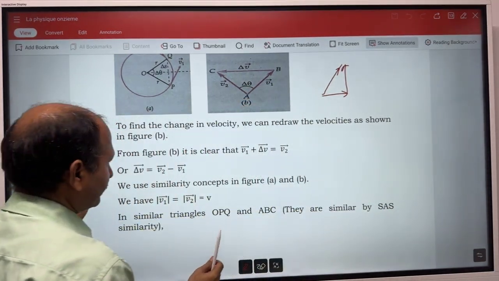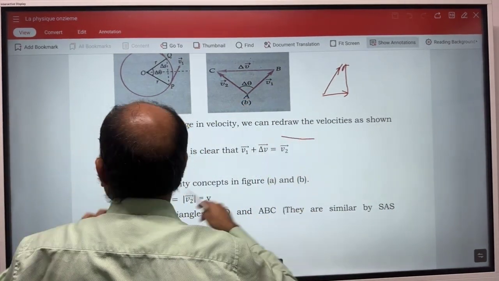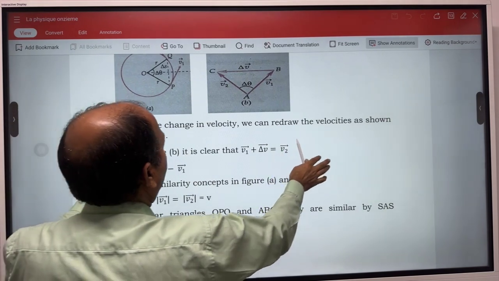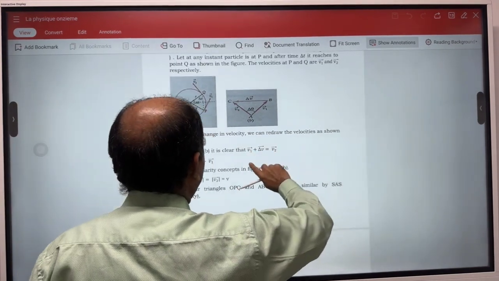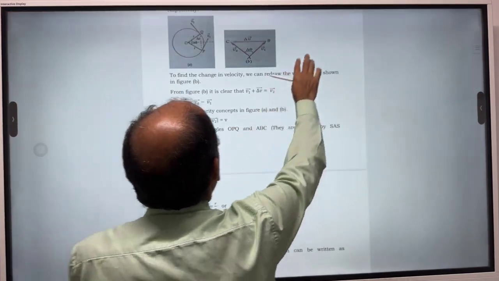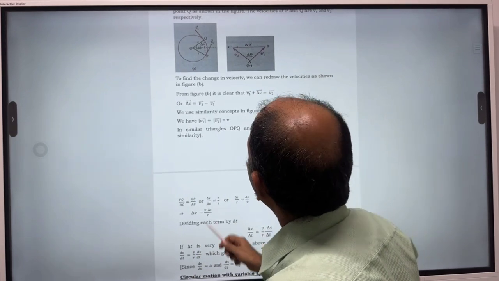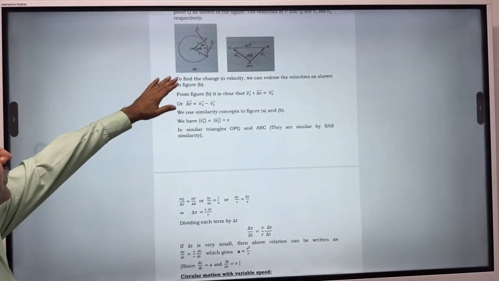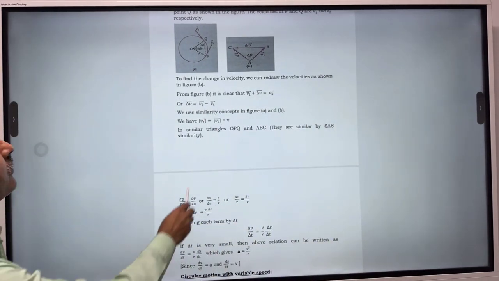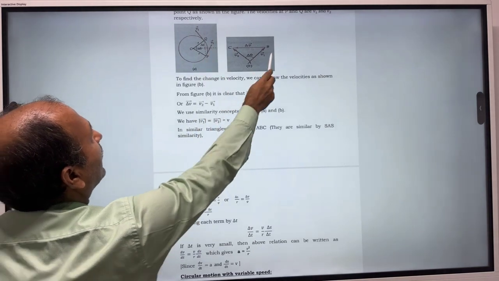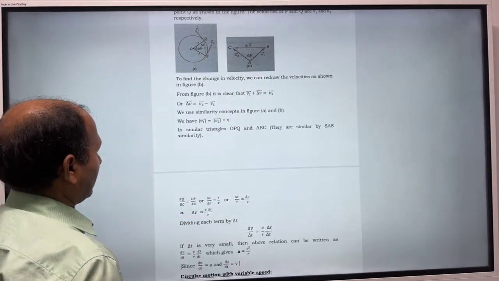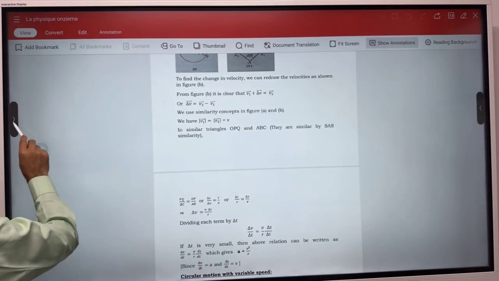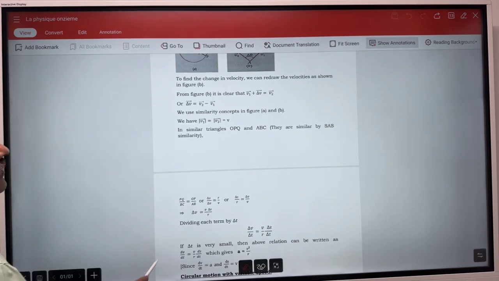The comparison is made between PQ, this portion, and BC, this portion. So I'm writing it here so that you can easily understand.